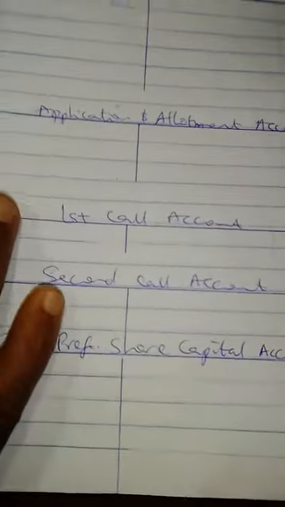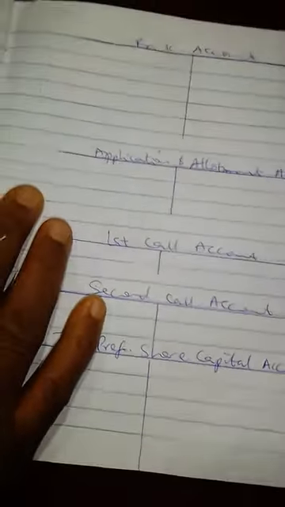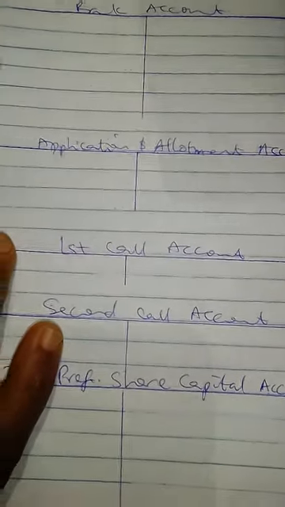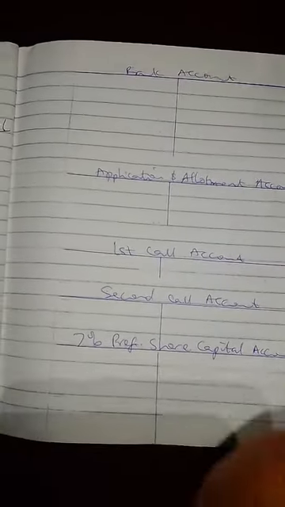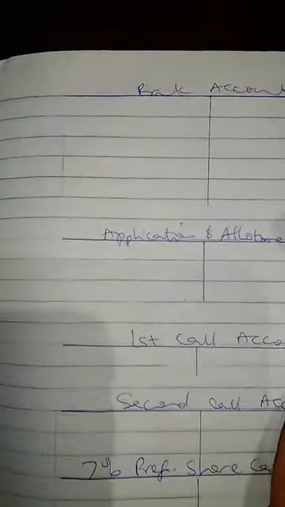Now starting from the question, we have 1,000 7% preference shares of 1 naira each, but the application we received was for 1,550 shares. The money will be paid into our bank account. So we look for application. It will be 10% of the 1,550 shares they applied for.